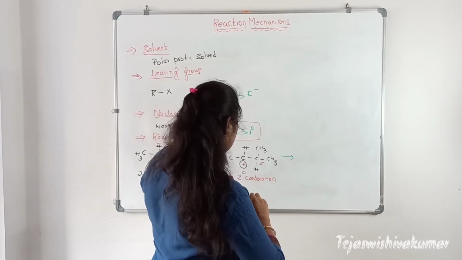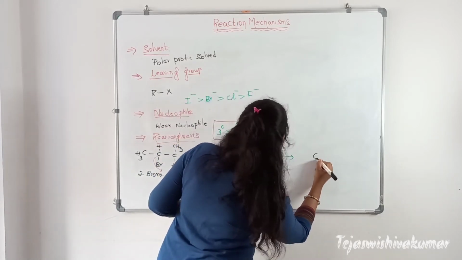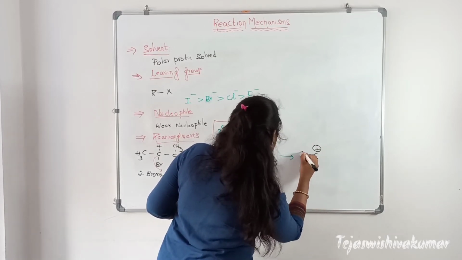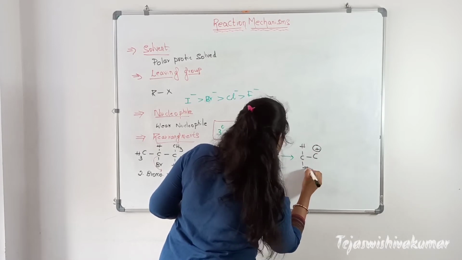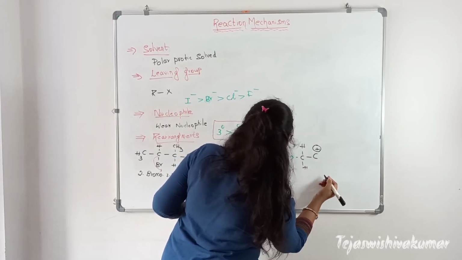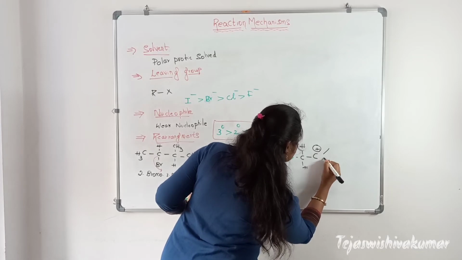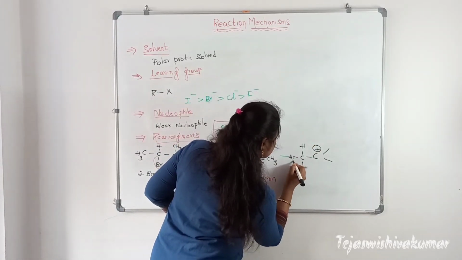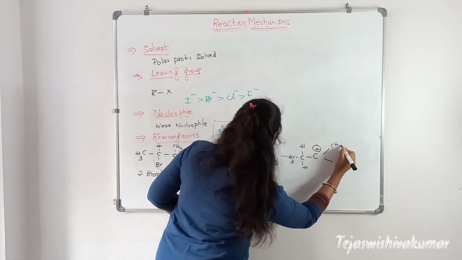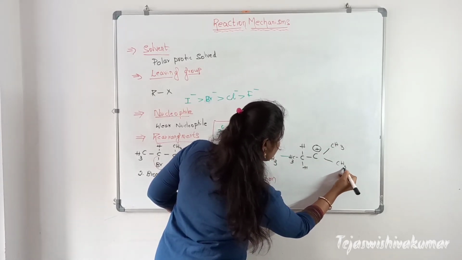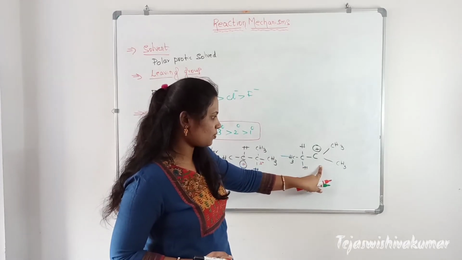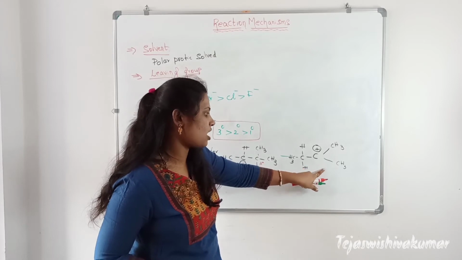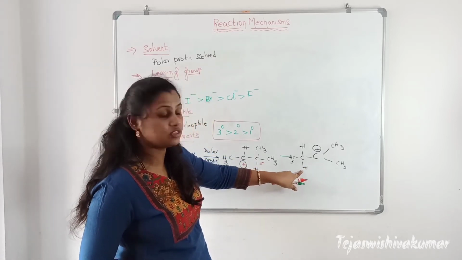Now see here, C positive charge, CH3. See, this is what I have got. Positive charge is on the tertiary carbocation, and this hydride from this carbon has been shifted to this carbon.